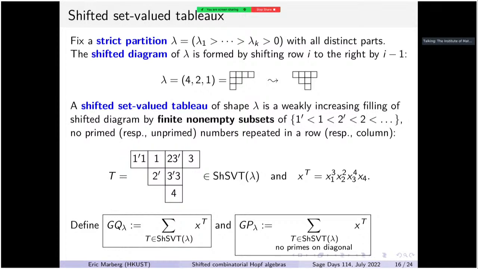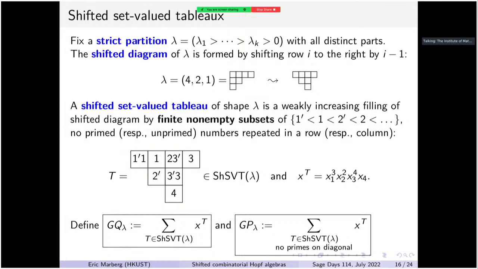So if you consider G lambda and you map it to this other generating function over the unshifted set-valued tableaux satisfying these conditions, you can show that's actually a Hopf algebra morphism from symmetric functions to the things spanned by GQ.